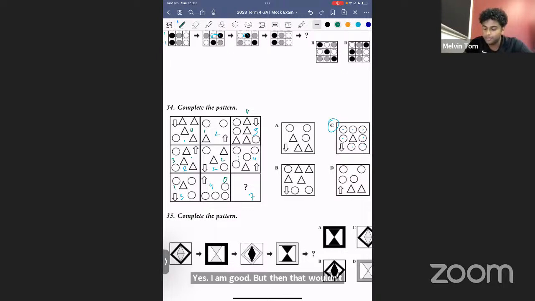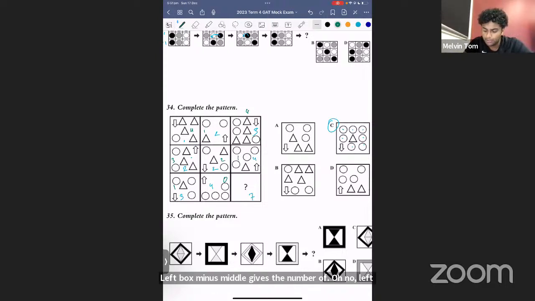The answer is C. Maybe, I mean, the triangle could just be a distraction, honestly. Let's see if it is a distraction or not. Left box minus middle gives the number of, oh no, left box plus middle gives the number of circles.